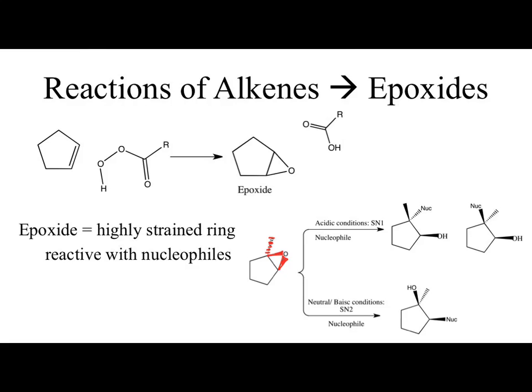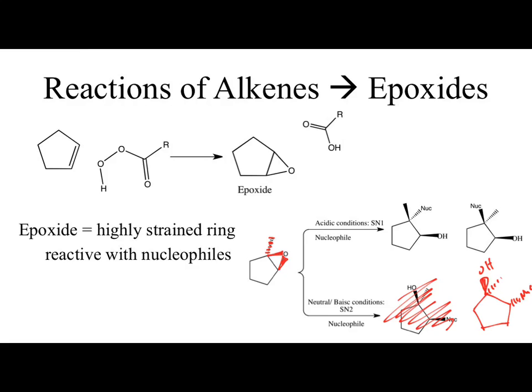So copy and paste sucks. Okay, so let's draw that out again. We'll keep our OH, keep the methyl group there, and our nucleophile comes in from the bottom on the bottom carbon. Okay, can you guys see that? Do I need to draw that again?